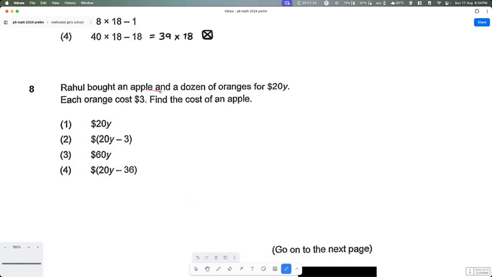Rahul bought an apple and a dozen oranges for $20. Each orange costs $3. Find the cost of an apple. Okay, so a dozen is equal to 12. A dozen oranges and an apple were bought.